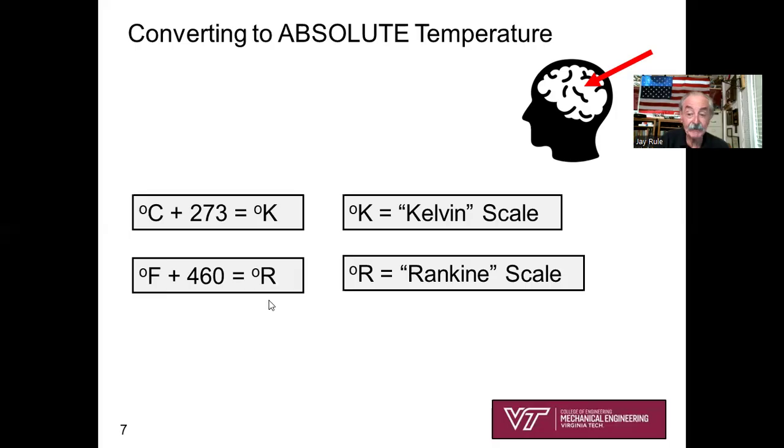So I've got it now. It didn't take me long to get it. Add 460 to degrees F to get degrees R, Rankine. So in thermodynamics class, you nearly always want to be working with temperatures in the absolute temperature scales, either degrees K or degrees R.